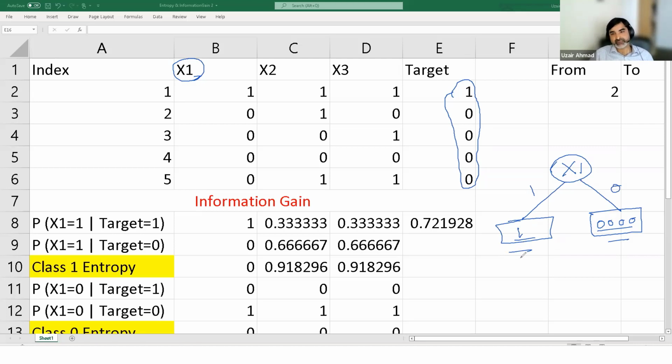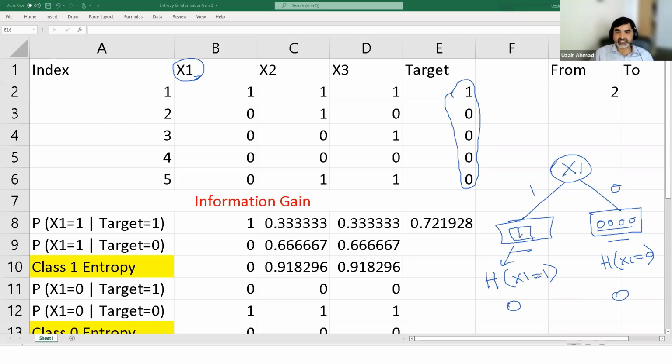Now we want to calculate the entropy of this subset when x1 is 1. Entropy of x1 equals 0, we want to calculate that. When all the members have the same value, entropy is 0.